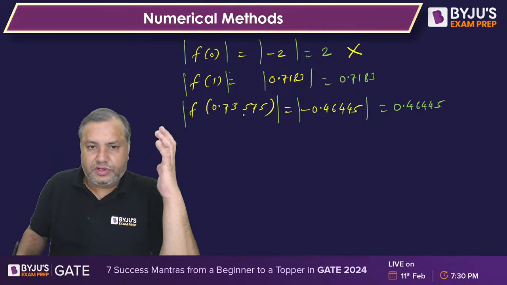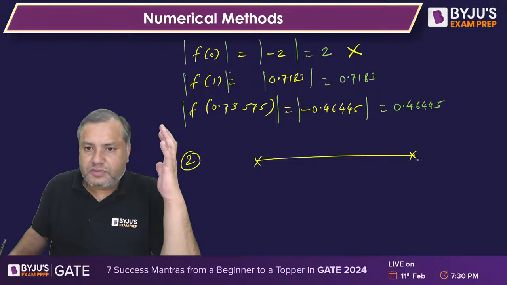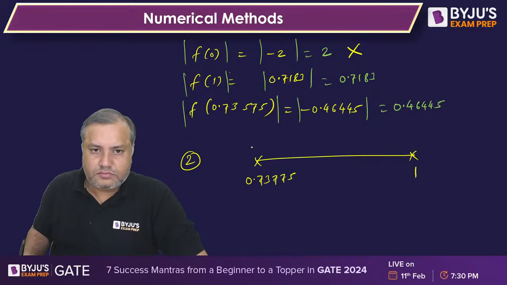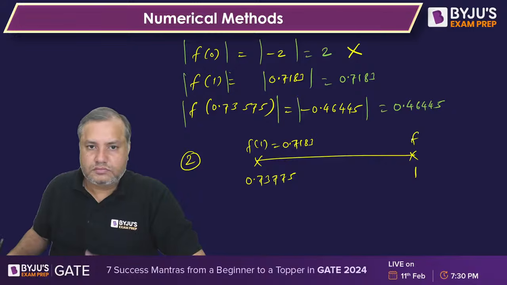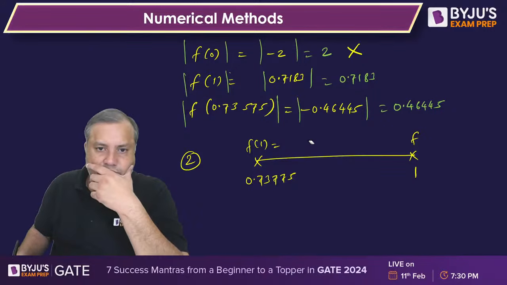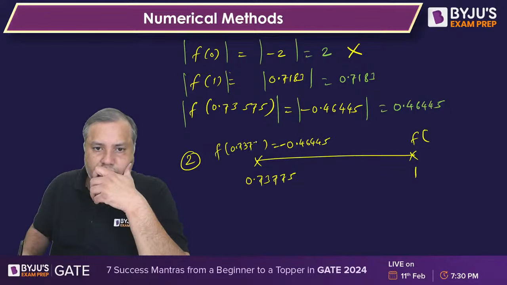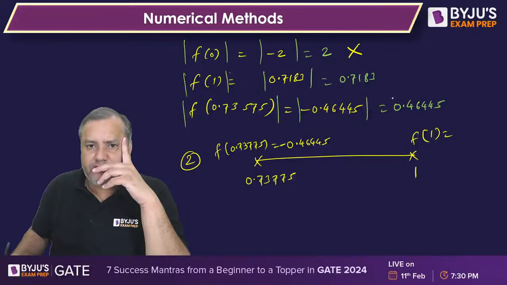So for second iteration, these two values will be on the number line. F of 1 is 0.71.